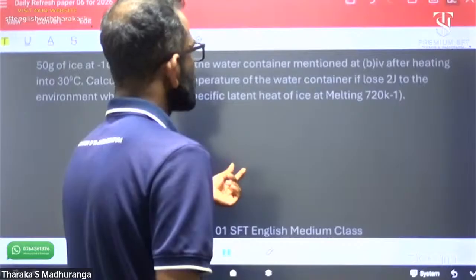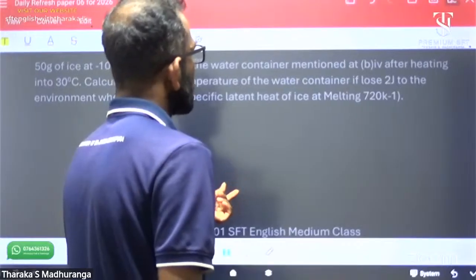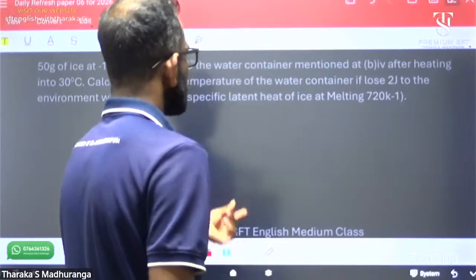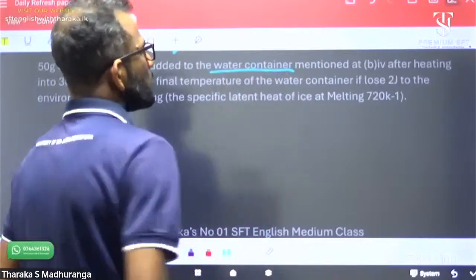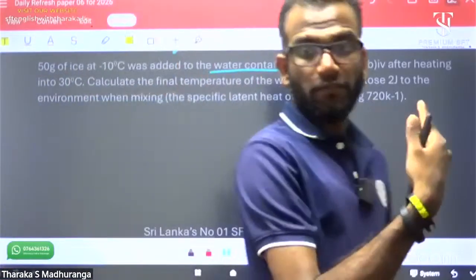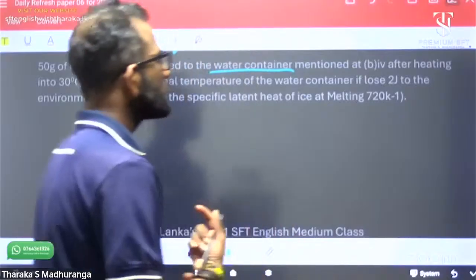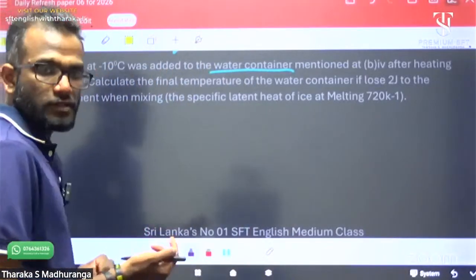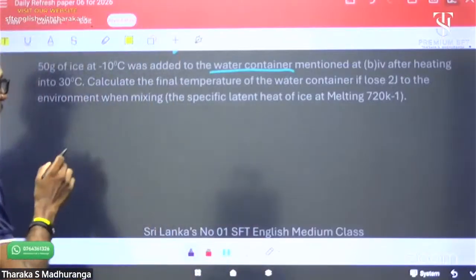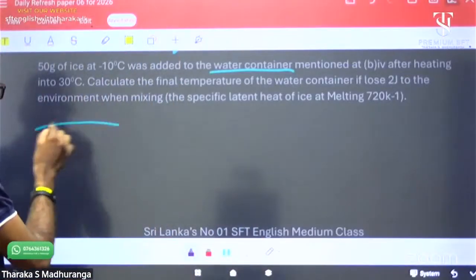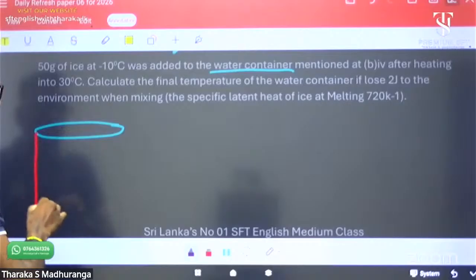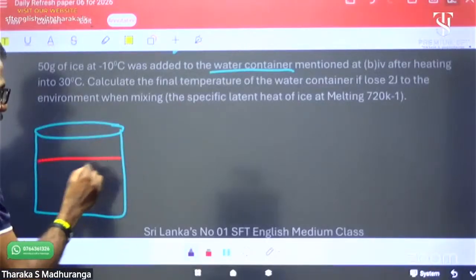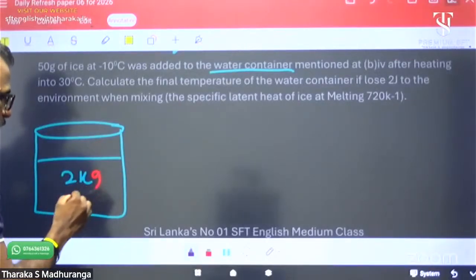Water container, mentioned in the previous part, after heating to 30 Celsius. Now understand, this is a water container. In the previous question, the water container has 2 kilogram of water at 30 Celsius now.